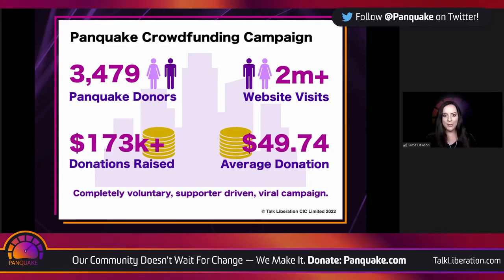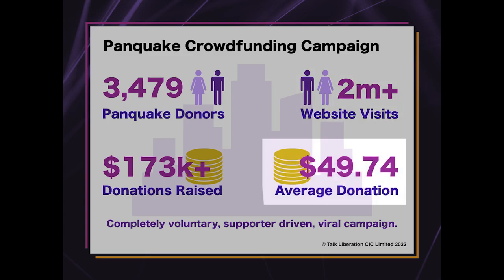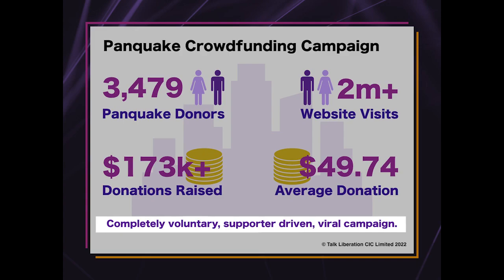Our website, Panquake.com, has had over 2 million visitors. And our crowdfunding campaign has an average donation rate of $49.74, which is super high. So as it says at the bottom of this slide, this has been a completely supporter-driven viral campaign.